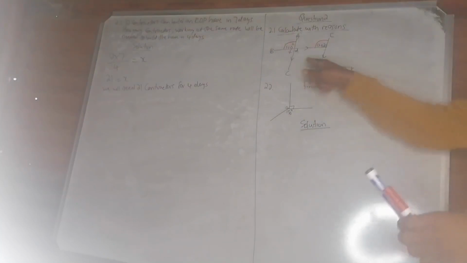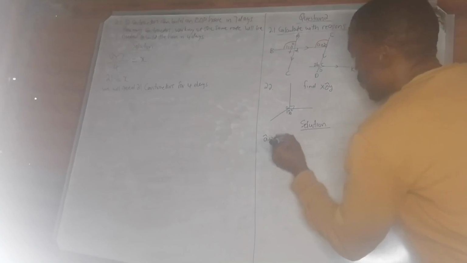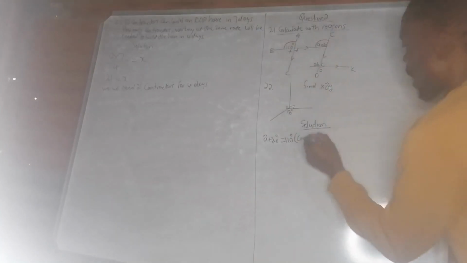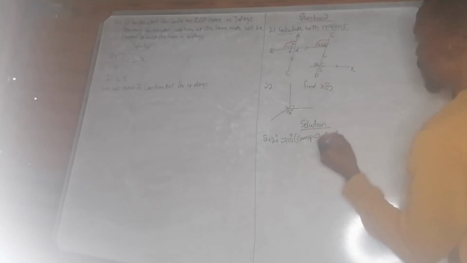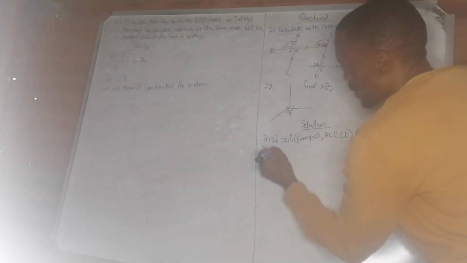The inside angle is equal to the opposite outside angle because this line is parallel to that line. That is one most important thing. So A plus 20 degrees equals 110 degrees. They are corresponding angles. Why? Because AC is parallel to ED. Very important.